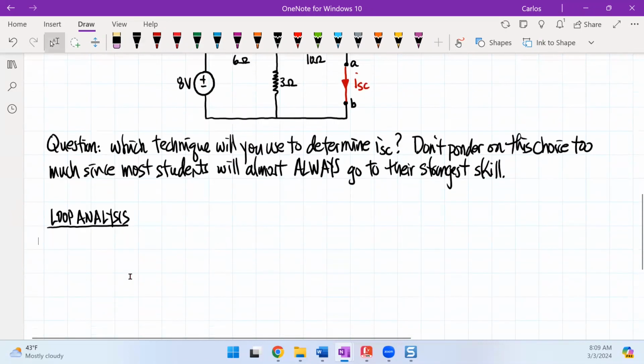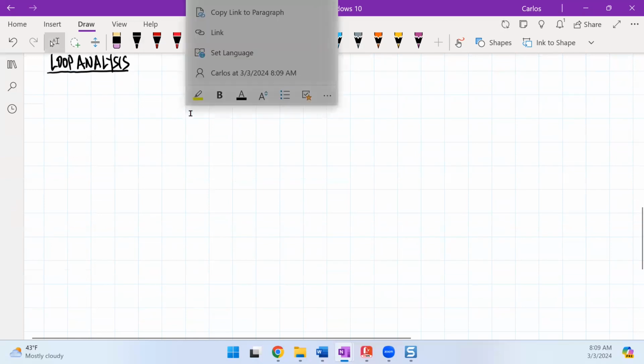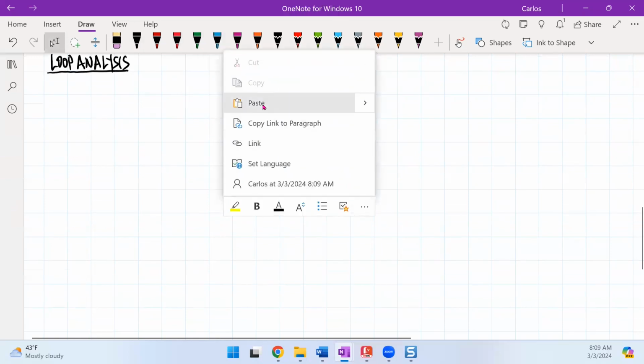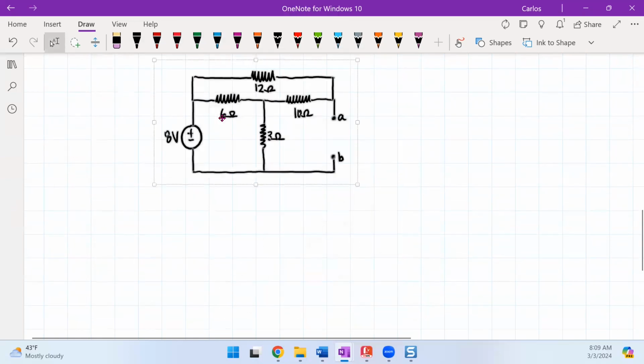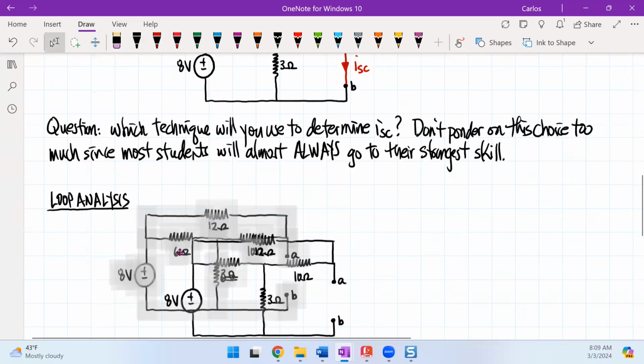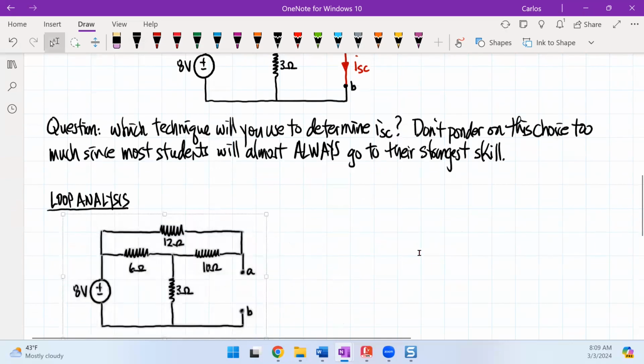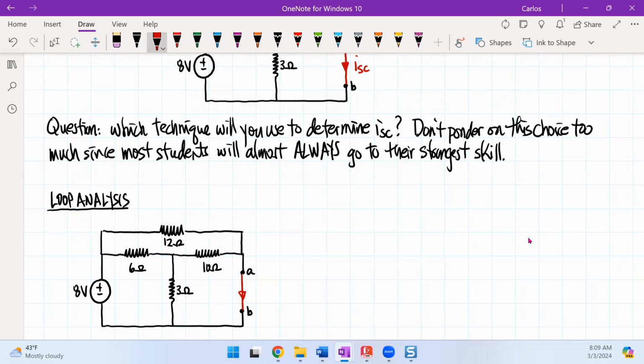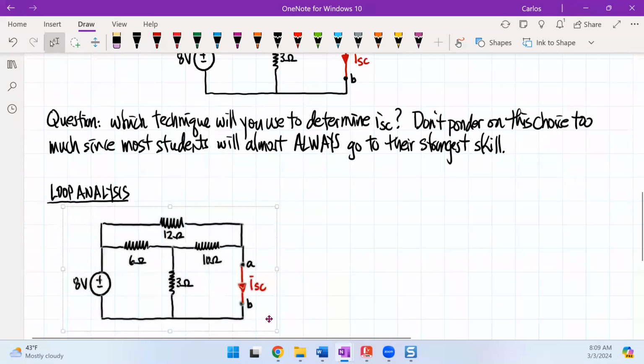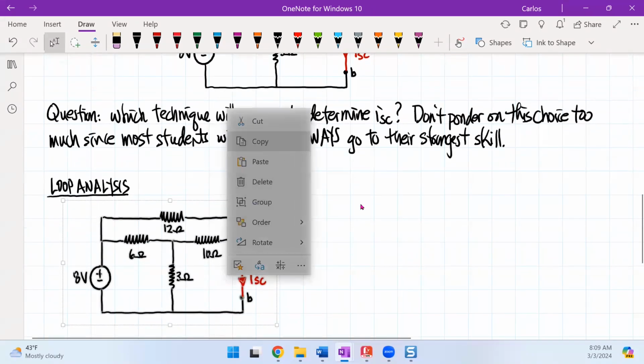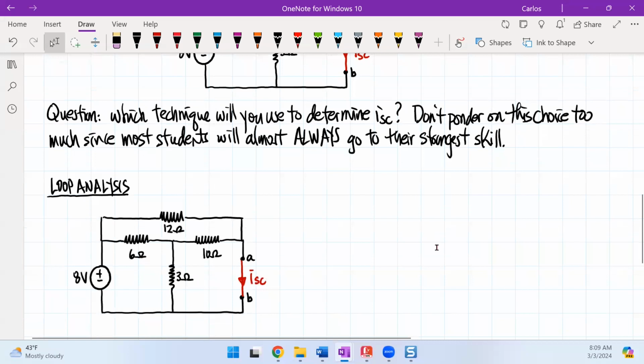I bring my circuit down here and paste it right up here. So I have my short. And the obvious choice for most people would be, yeah, let's use loop analysis to calculate that current I short circuit.